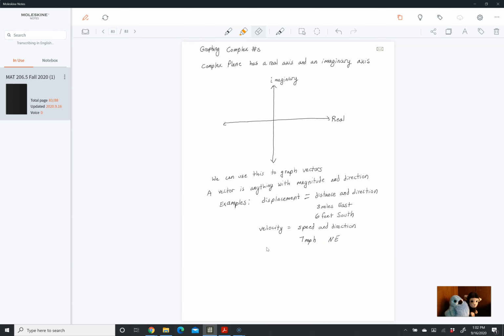Or 65 miles per hour west. Okay, so these are examples of velocity, speed, and direction. Okay, so the distance and the speed by themselves, we call those scalars. So if it just has magnitude, then it's a scalar.